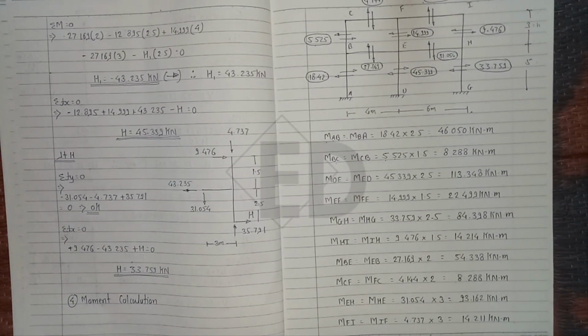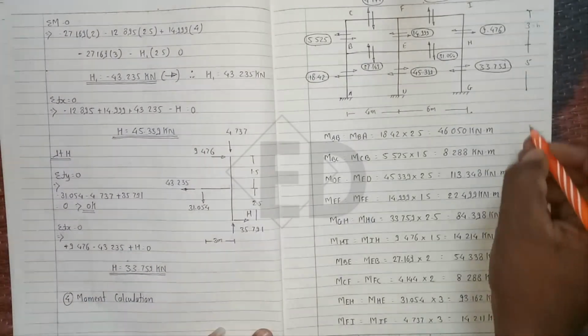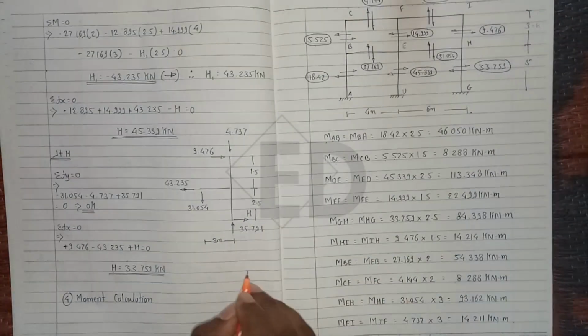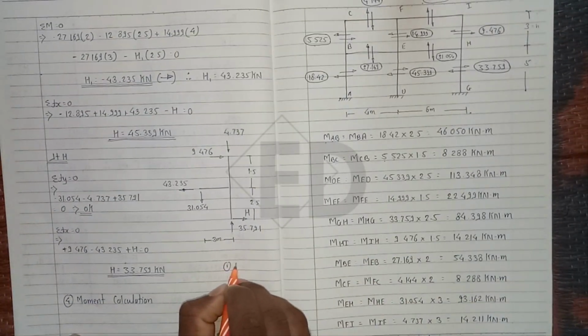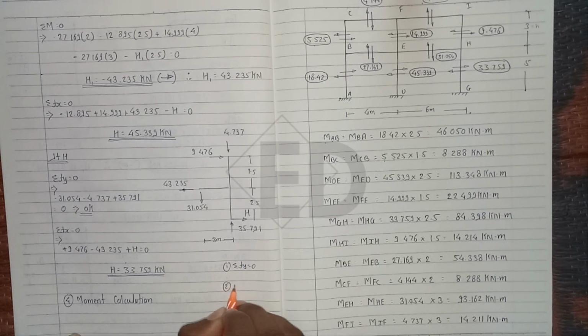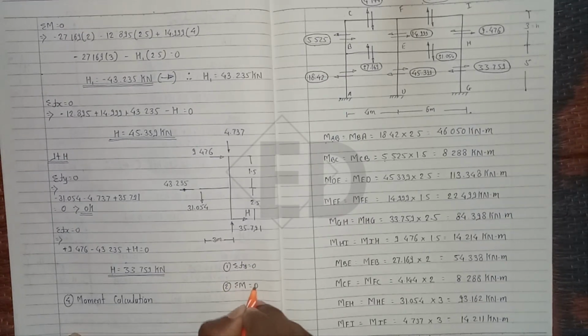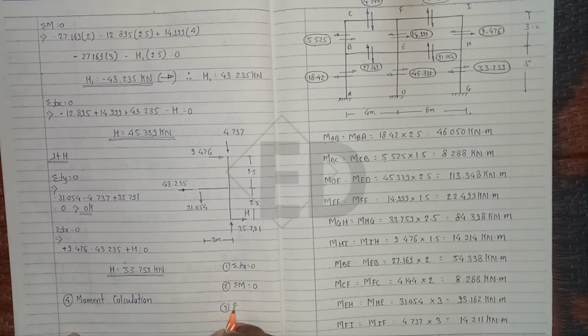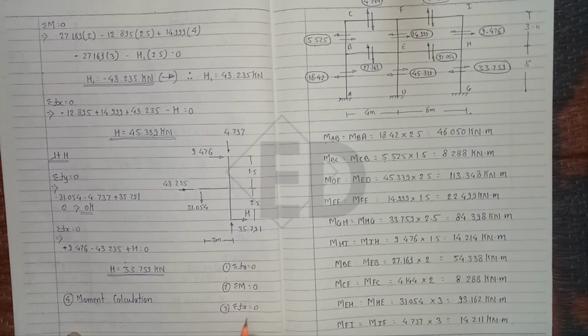This is the complete procedure for solving the frame by using the cantilever method. Just remember one thing: take a joint, and for each joint solve only three operations in sequence, that is summation of Fy equals 0, summation of moment equals 0, and summation of Fx equals 0.